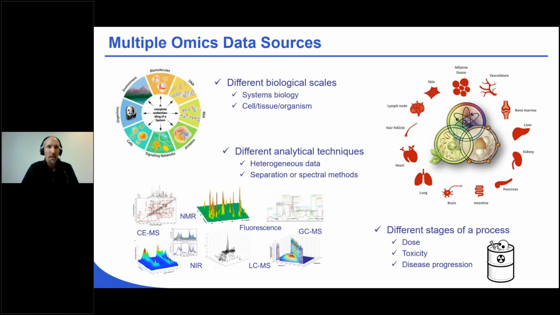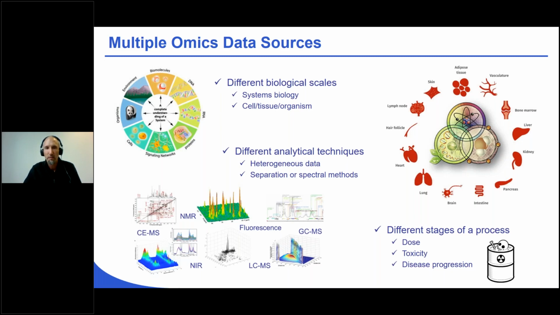One of the main application fields today, of course, obviously we hear a lot of talk about systems biology that tries to gather different biological layers together. But this is not the only case. We could be interested in the integration of multiple data blocks.